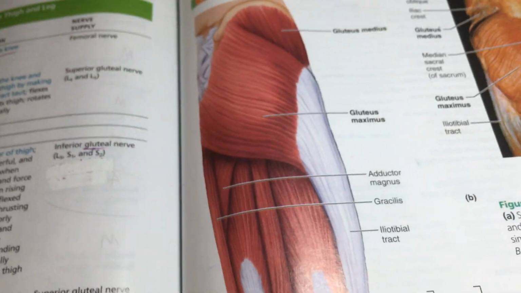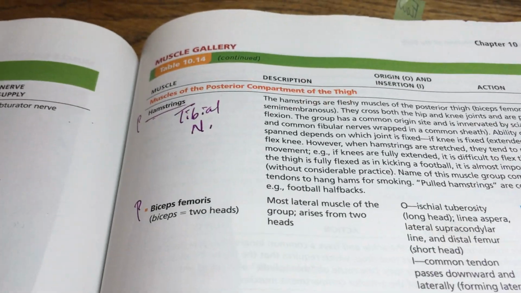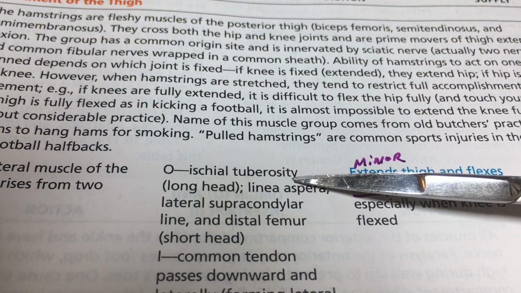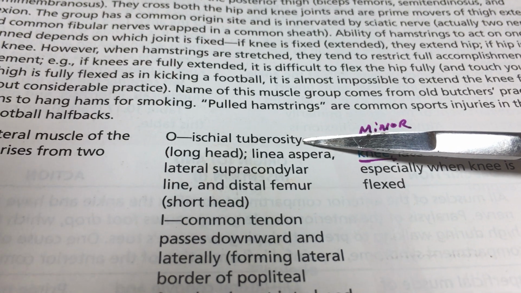Let's take a look here at the gluteus, and then we have posterior here, biceps. I always like to begin with the biceps femoris, and we have the origin here on the ischial tuberosity, which is crossing the joint of the hip.